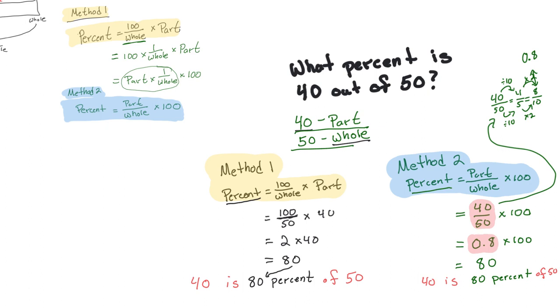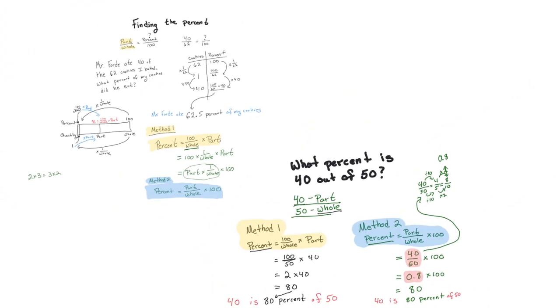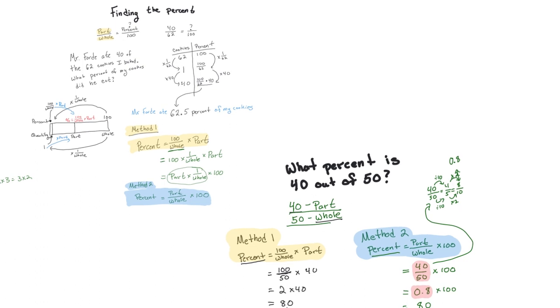If it was me, I would think that 100 over 50, simplifying that to 2 and then just 2 times 40, would be easier than having to think about what this fraction is equivalent to. But it's all about personal choice, and those are just two methods. We want as many tools in our toolbox. So that is how we find the percent when given the part and the whole.